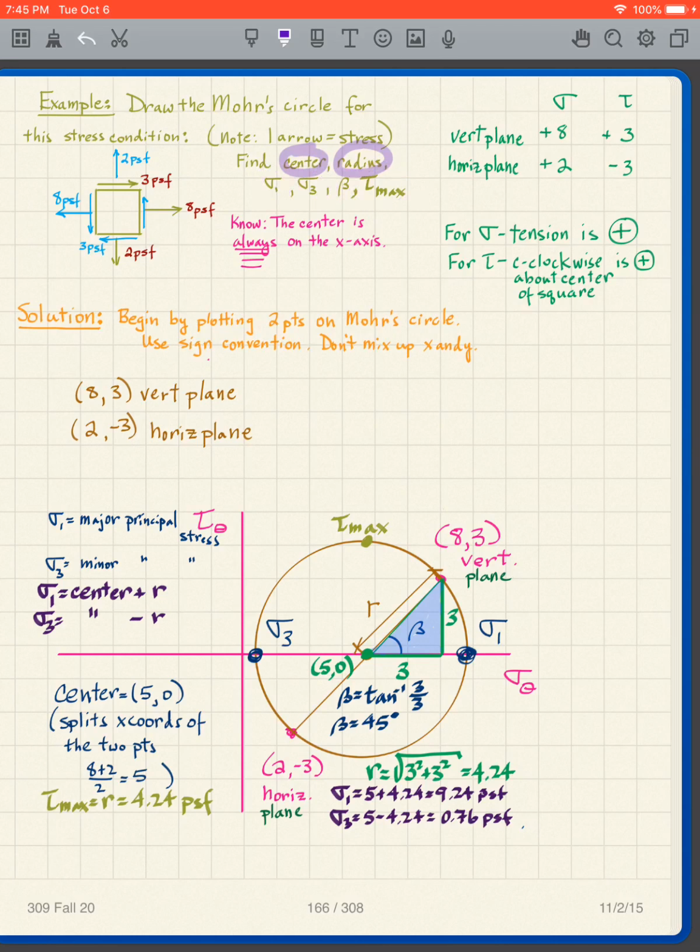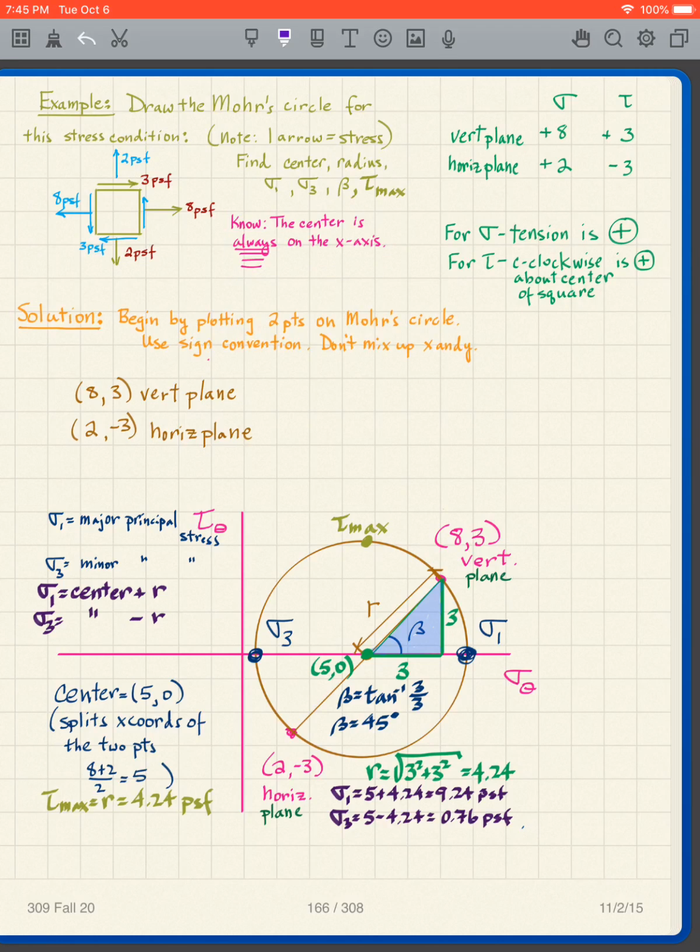So we're going to get all that information from the circle, and I'll describe it as we go along. So one thing you need to know is that the center of the circle is always on the x-axis. Why is that?